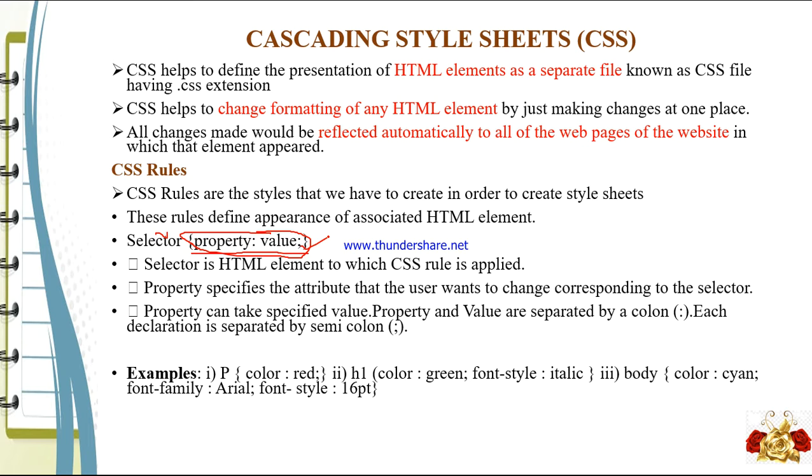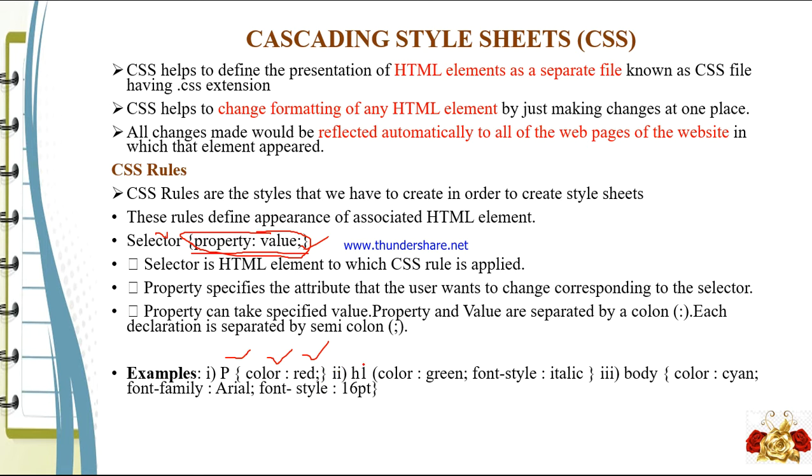For example, number 1, P, open bracket, color, colon, red, close bracket. P is a selector, open bracket, color is a property, colon, value is red, then semicolon, close bracket.